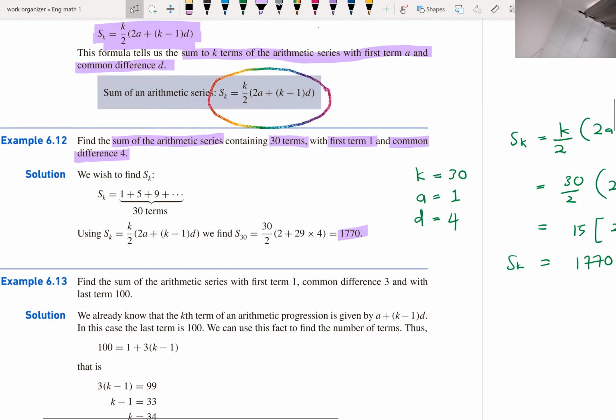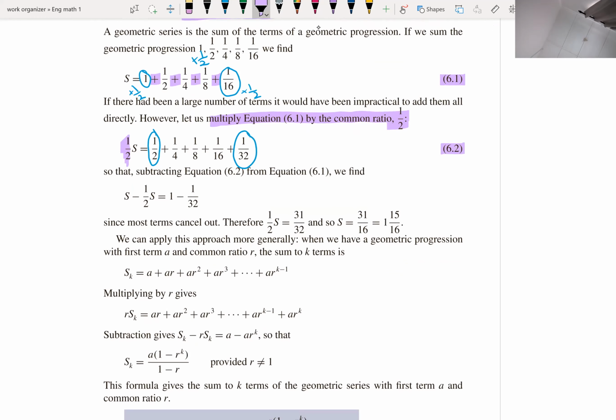Okay. So here we just subtract the equation 6.2 from 6.1. So we will get 1 minus 1/32.